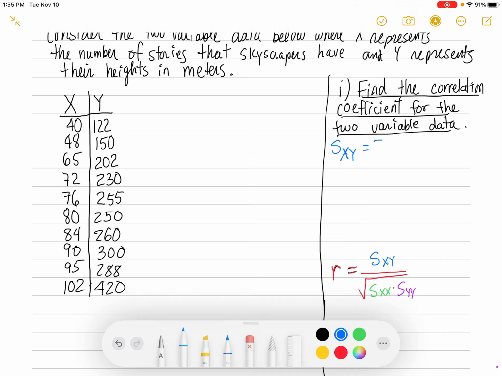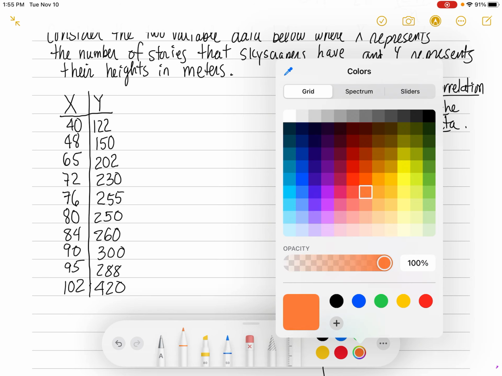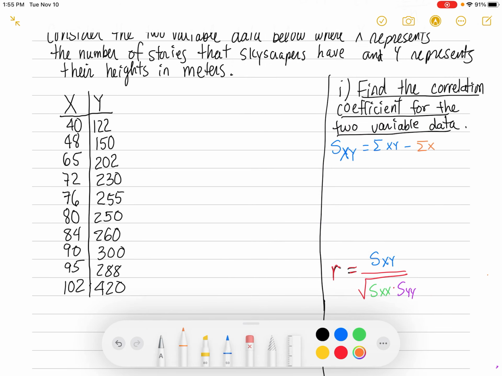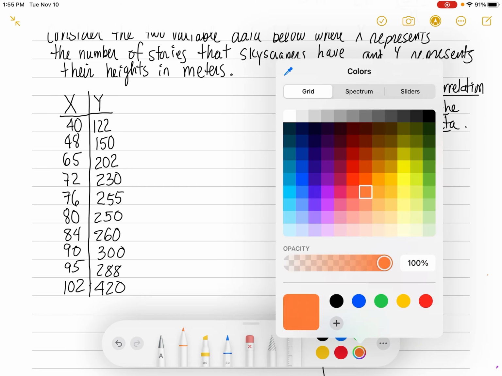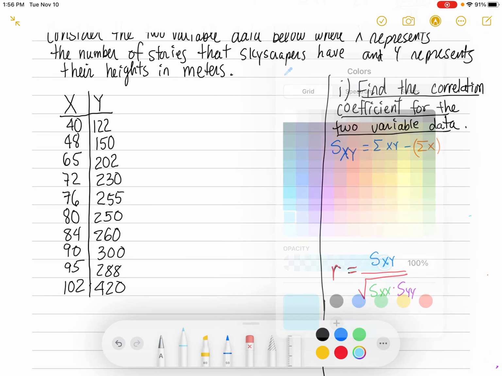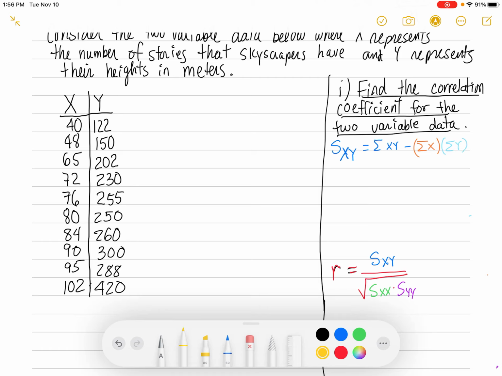Remember what that is. That's the sum of X times Y minus the sum of the X's times the sum of the Y's divided by N. So the first thing I have to do, I have to create an XY column.